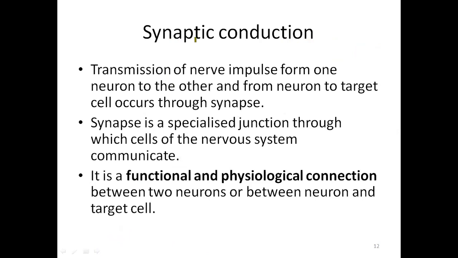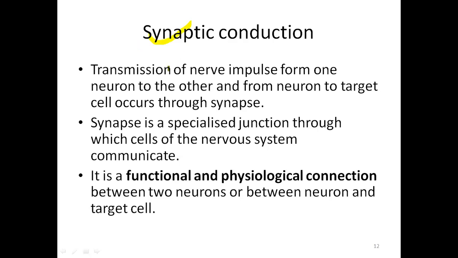Now, next, we have seen axonal conduction in myelinated neurons and axonal conduction in non-myelinated neurons. The next type of conduction is from one neuron to another neuron or from one neuron to the target cell. This type of conduction we call synaptic conduction.